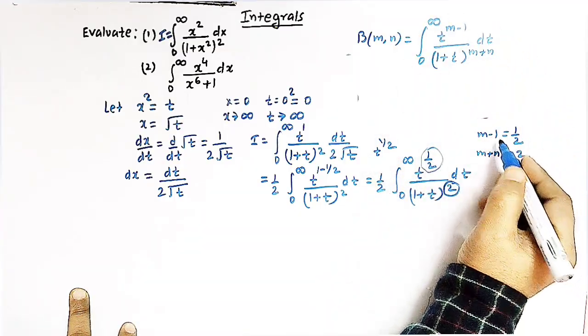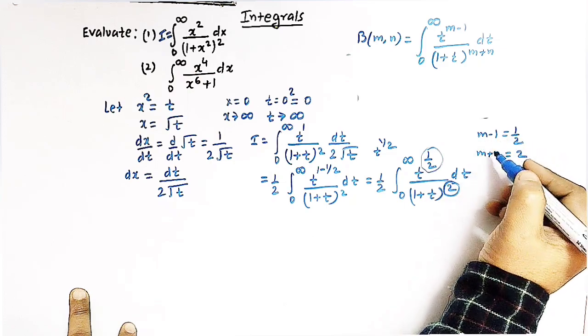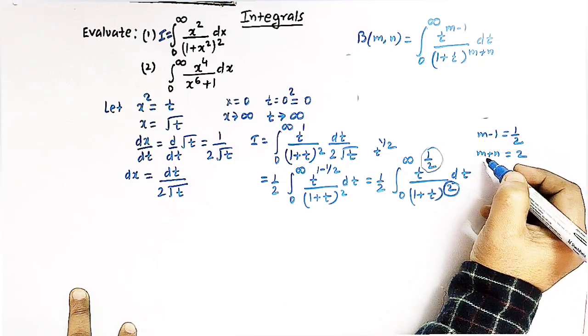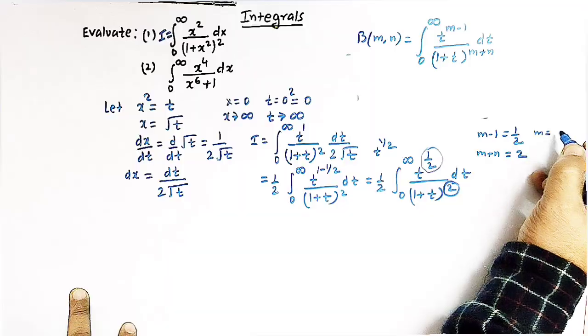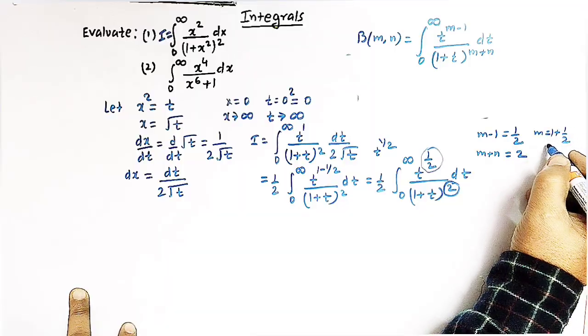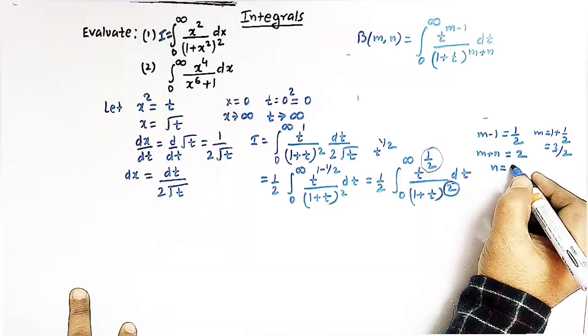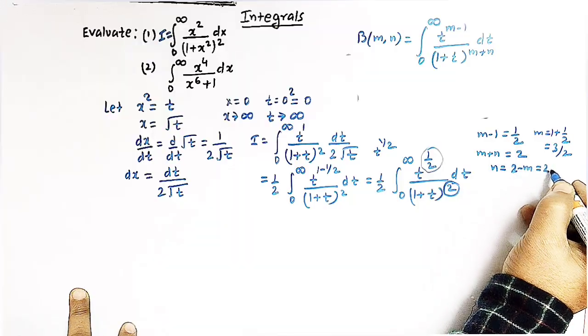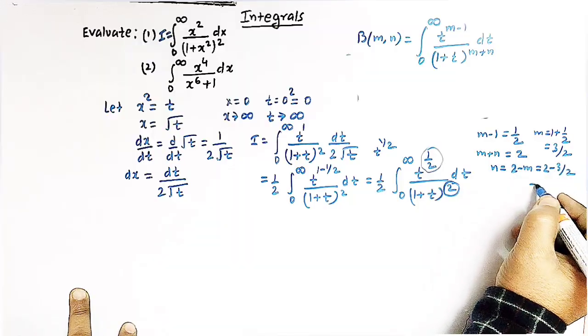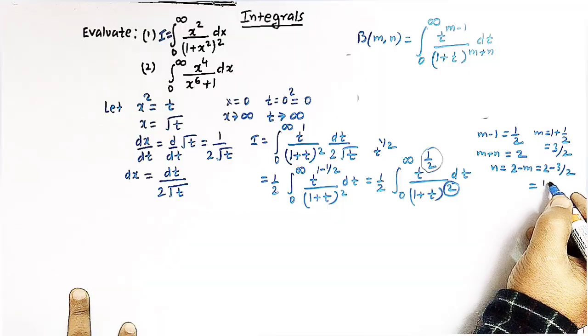So we can solve these two equations for m and n. So m is 1 plus half, that is 3 by 2, and from here n is 2 minus m. So this is 2 minus 3 by 2, that is 4 minus 3 over 2, that is half, right?